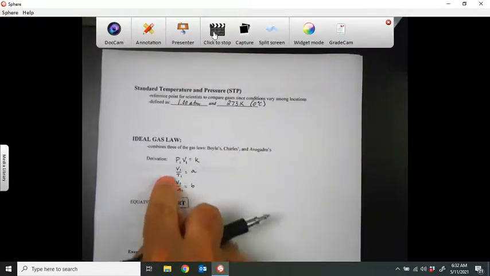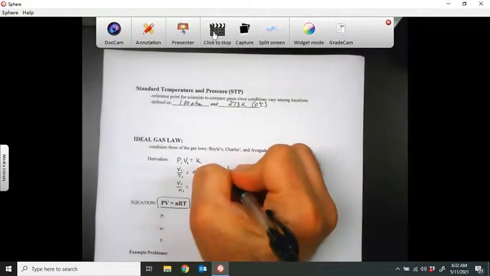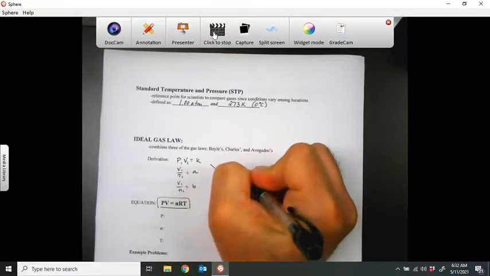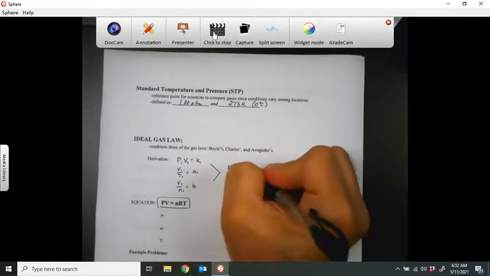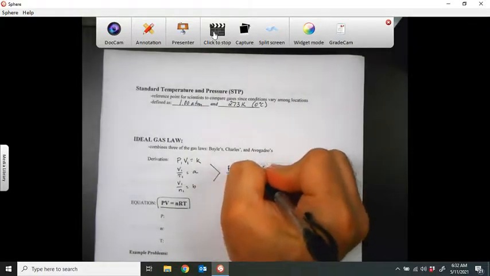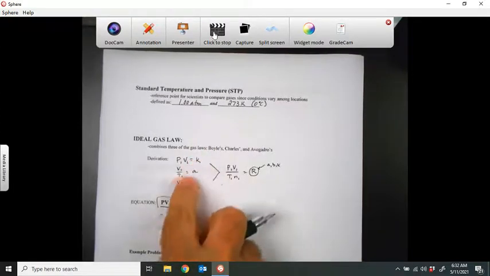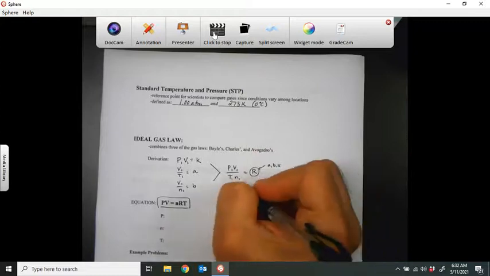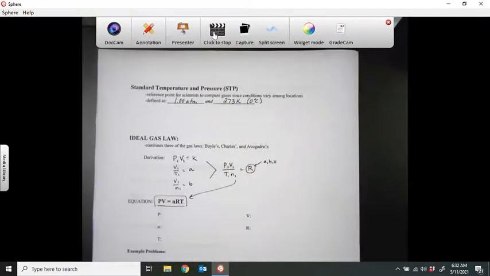So when all of these are combined together, we get P1 V1 over T1 N1 is equal to a constant. This constant R is our 3 constants here put together, and it's called the universal gas constant. And then they rearrange this to get rid of the fraction, and we get this equation right here.